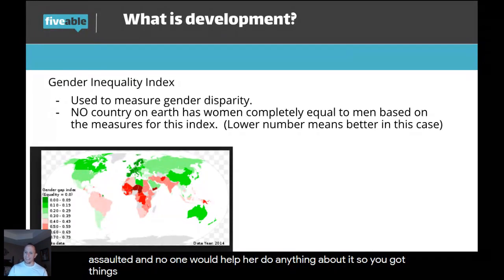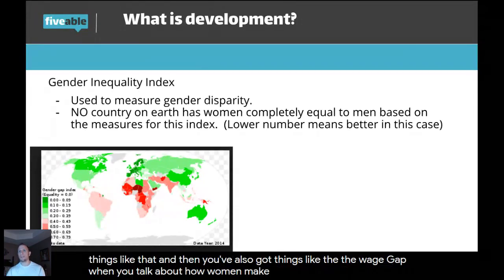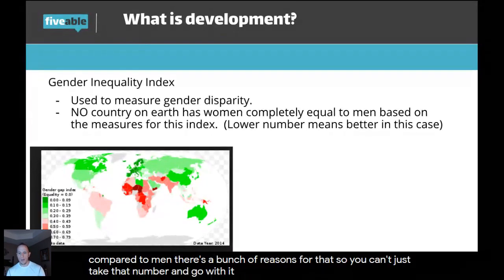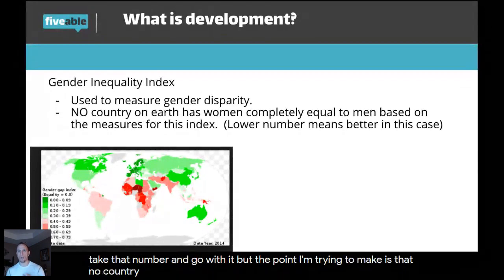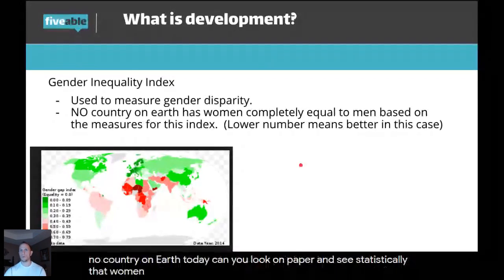So you've got things like that, and then you've also got things like the wage gap. When you talk about how women make 77 cents to the dollar compared to men, there's a bunch of reasons for that, so you can't just take that number and go with it. But the point I'm trying to make is that for no country on Earth today can you look on paper and see statistically that women are equal to men.